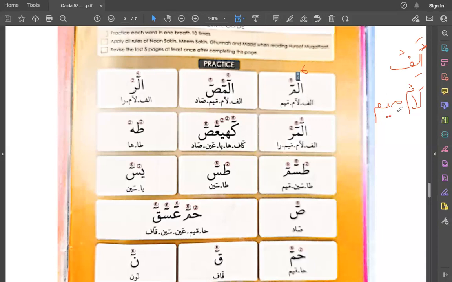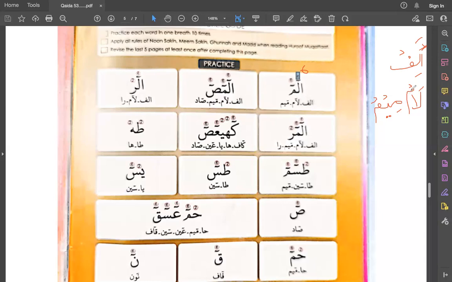So that will be mim. Alif, la. Now there is mim sakin, and after mim sakin there is again mim. So which qaida is being applied?